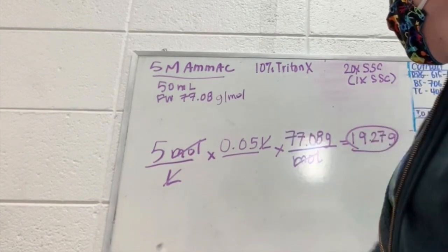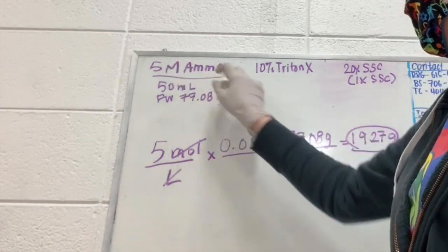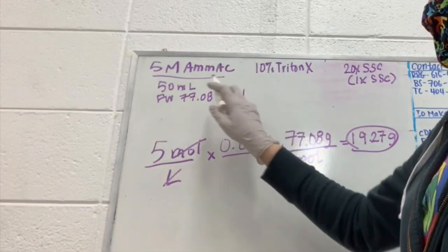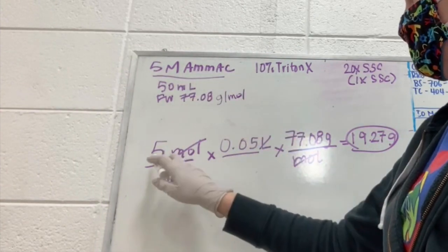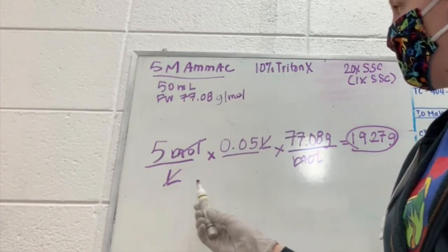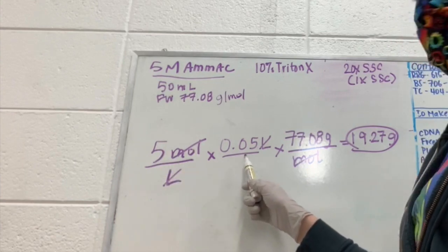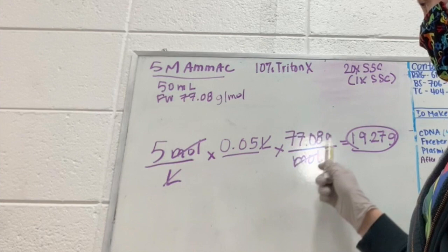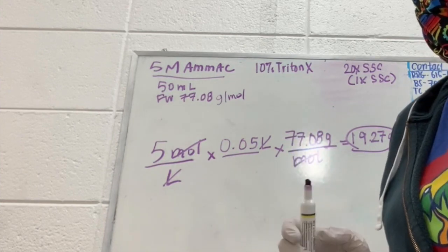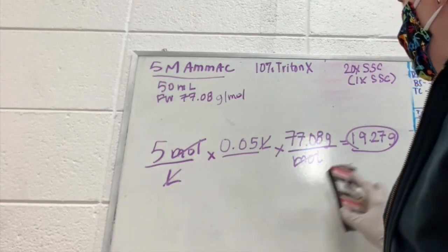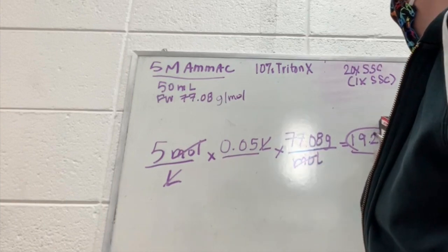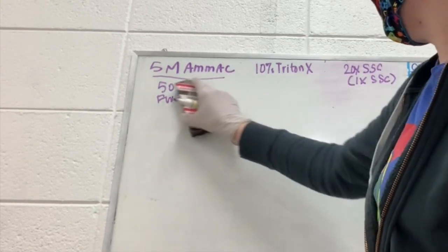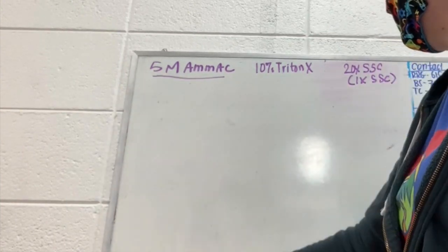So if you were making any other solution, you had 1 molar of something else or whatever, you could change this math by changing the molarity, the volume if you need to make a liter instead of 50 mLs, and of course replace the molecular weight with whatever else you're going to use for your solution. So that's how you would do the math for making a molar solution.